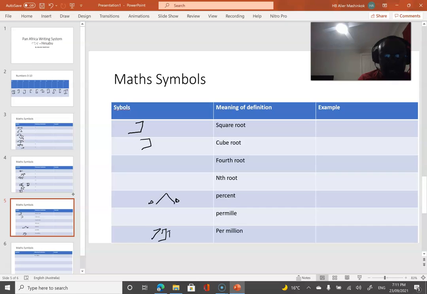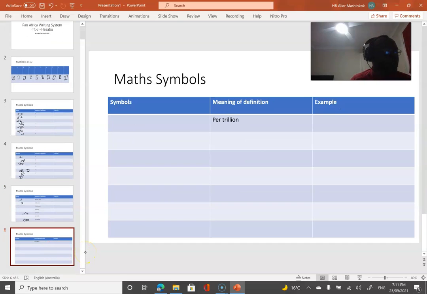Let's say 100. This is just an example. So 0, another 0 again, so 100%. Okay, so that's the percentage of 100. That's how that symbol is. And then there is trillion and all of those things that are coming through for the Pan-African writing system.